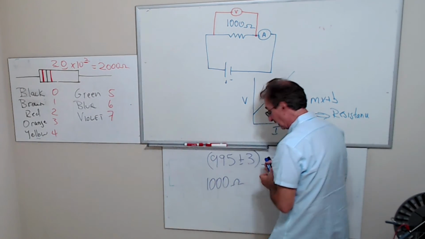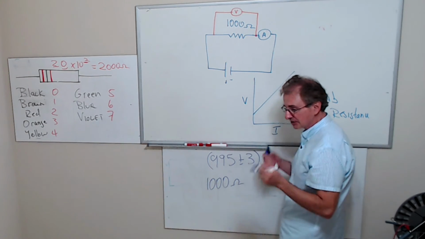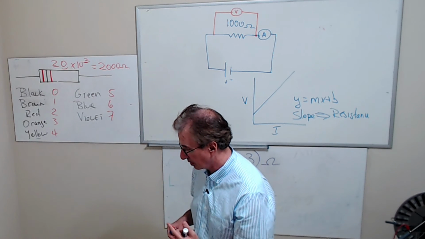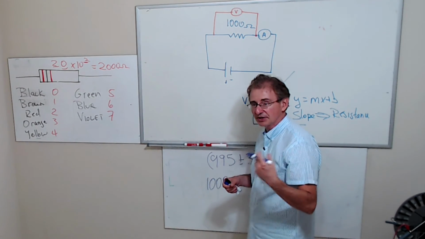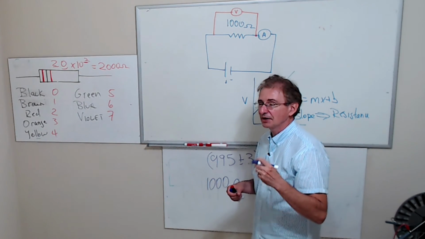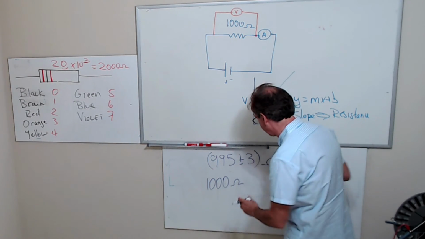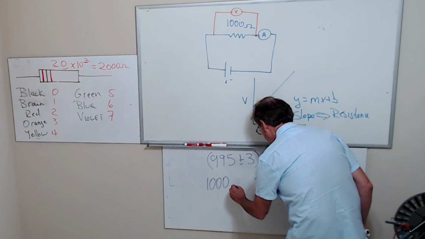So really, I lied to you, right? I shouldn't write it this way, because every measurement does not represent a number. It represents a range of values. Well, 5%, that's 50 ohms, right?